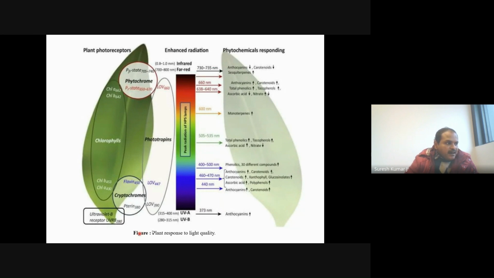So these are the various absorption mechanisms of a plant, and a light source used in horticulture should have plenty of emission in these regions.